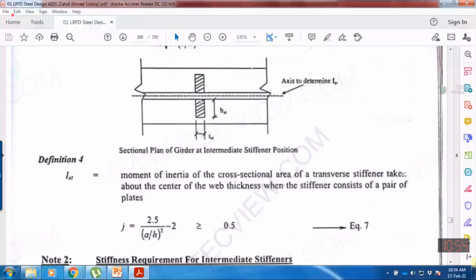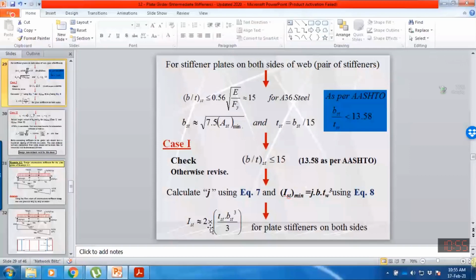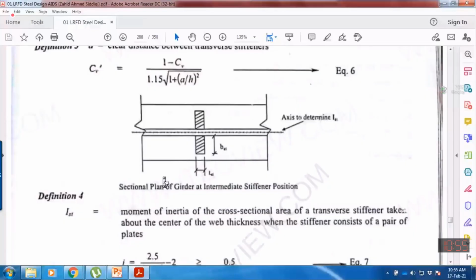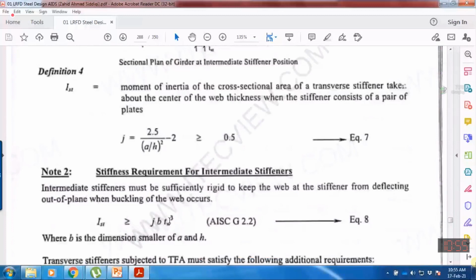But we want to compute along the base or center line. So that's why this is t b cubed divided by 3 multiplied by 2. And IST is equal to j b into the thickness of the web cubed. So by solving these two equations simultaneously, you will have this equation.